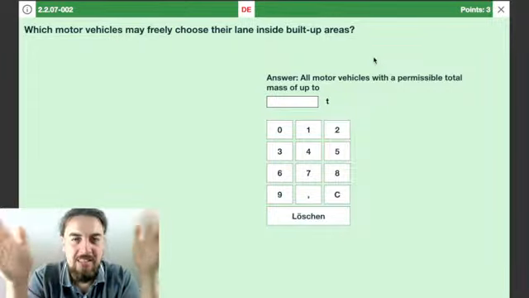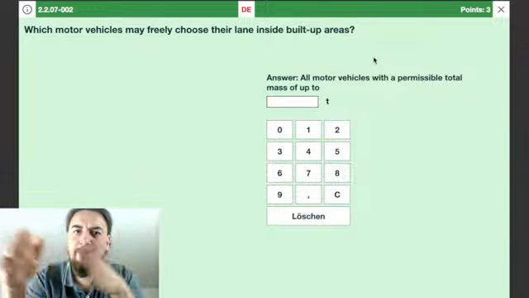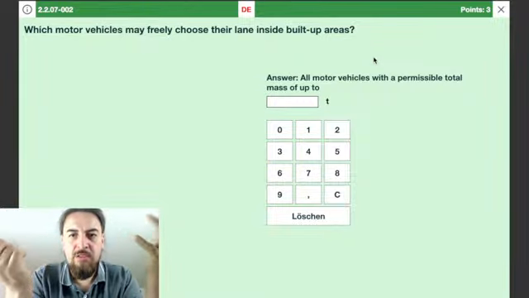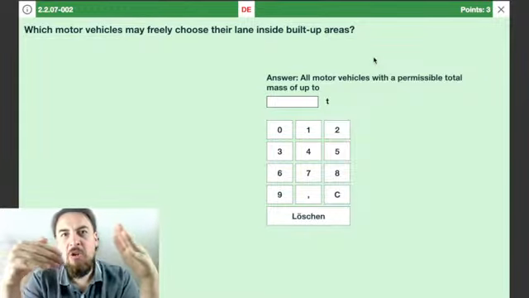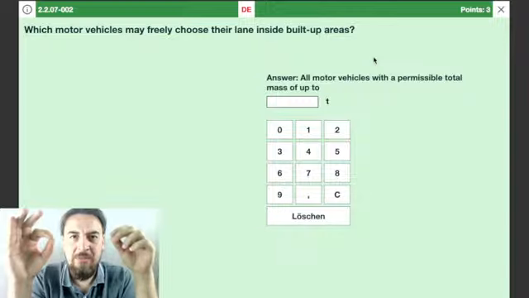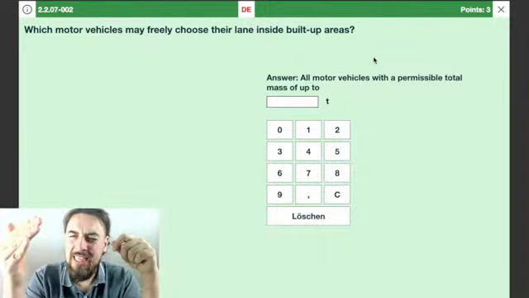Obviously cars. Trucks not. Trucks have to stay on the right hand side, but a car can freely choose the lane inside a built-up area. So now, according to the definition, how much can a car in Germany weigh maximum so that it's still a car, not a truck?